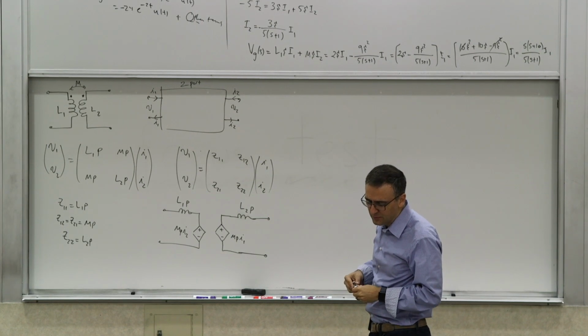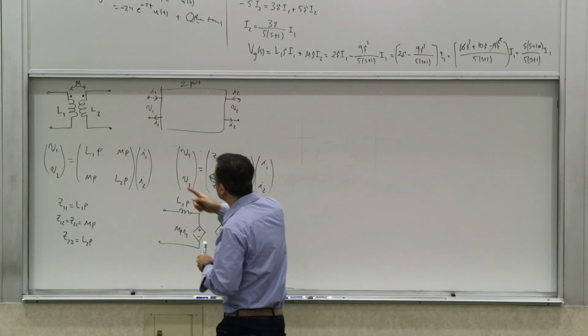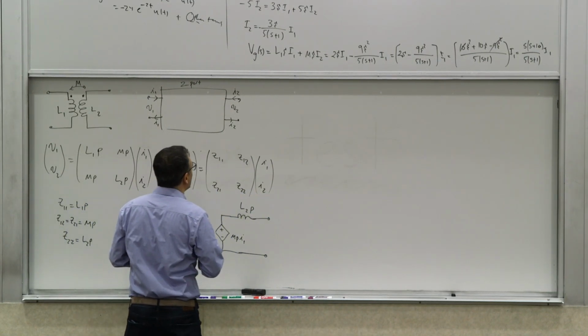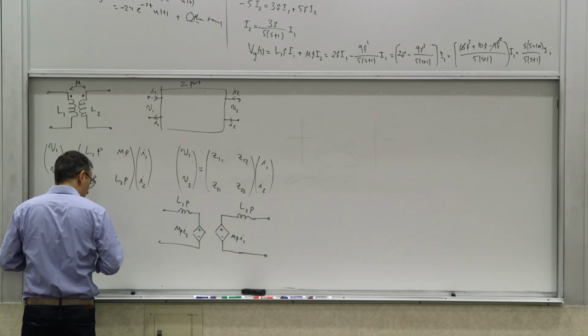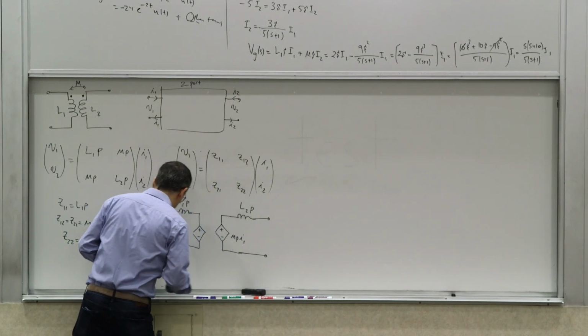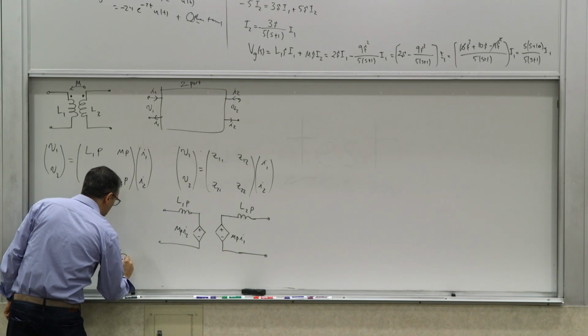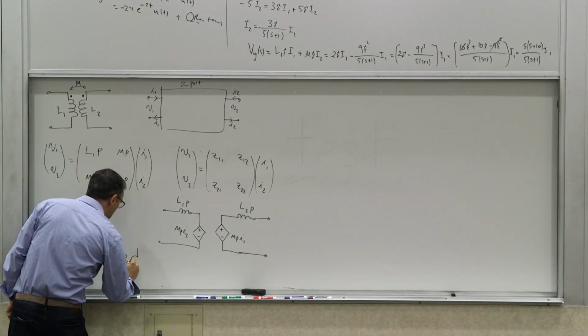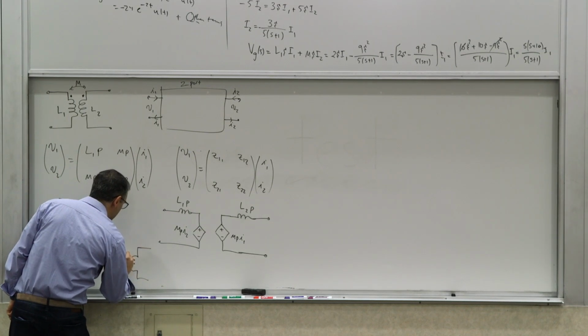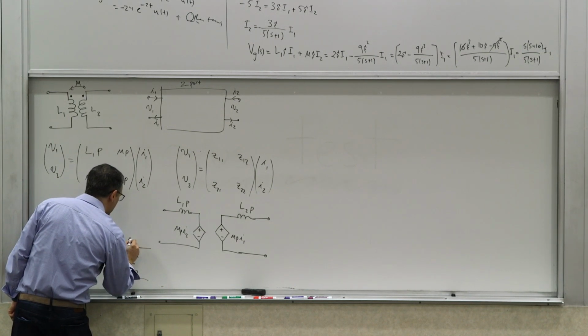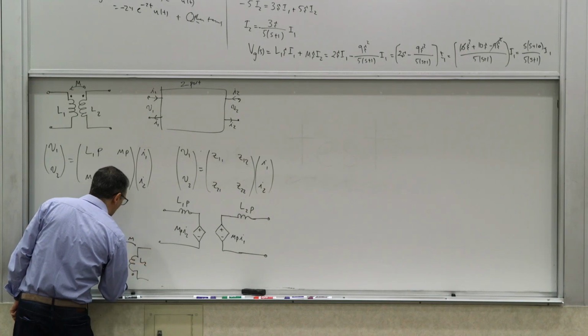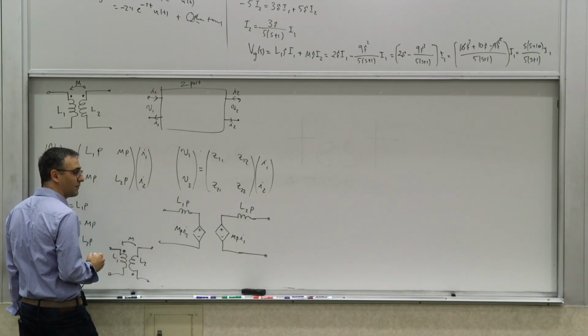Now, what if this was inverted? What if the dots were in the opposite direction? I'm going to draw a small one here because it's not that important, but it's good to know about. The same deal, except the dots are now in the opposite direction. So this is M, L1, L2. What is the two-port representation for that?